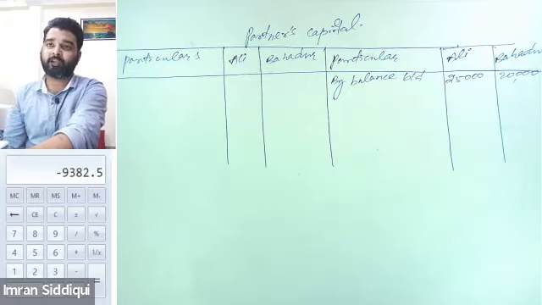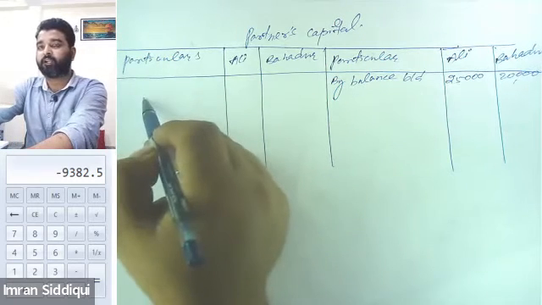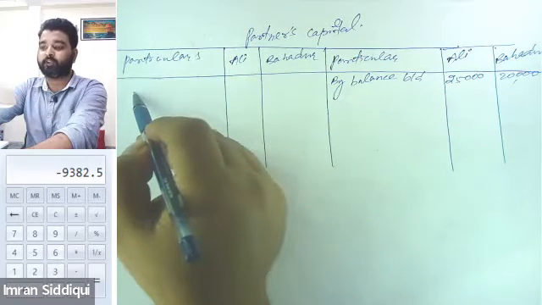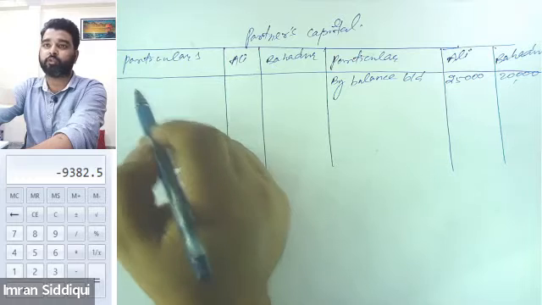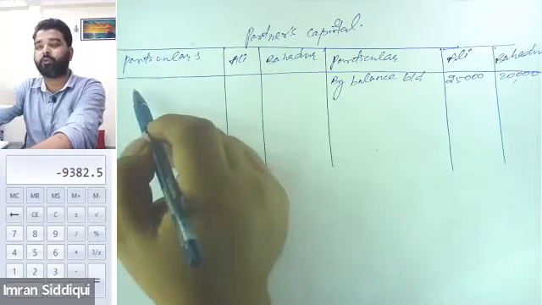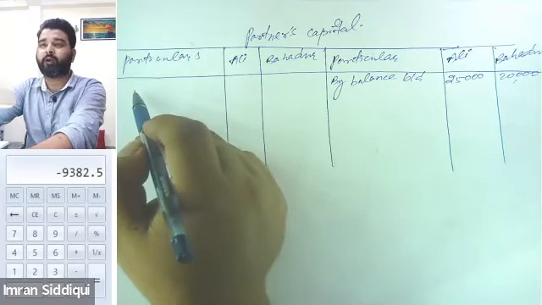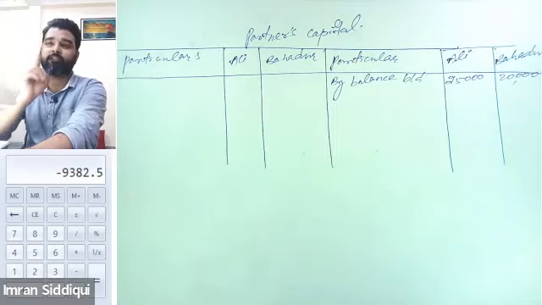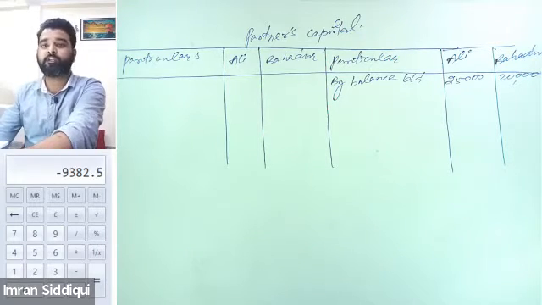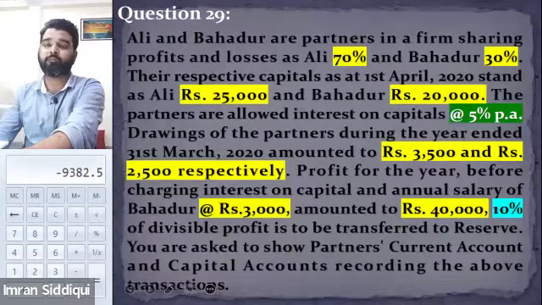I'm not saying that we cannot write drawings on the debit side, but drawings will be recorded in the partner's capital account only when they are made out of capital. Since the question does not say that drawing has been made by the partner out of capital, we will simply presume it is given out of profit.